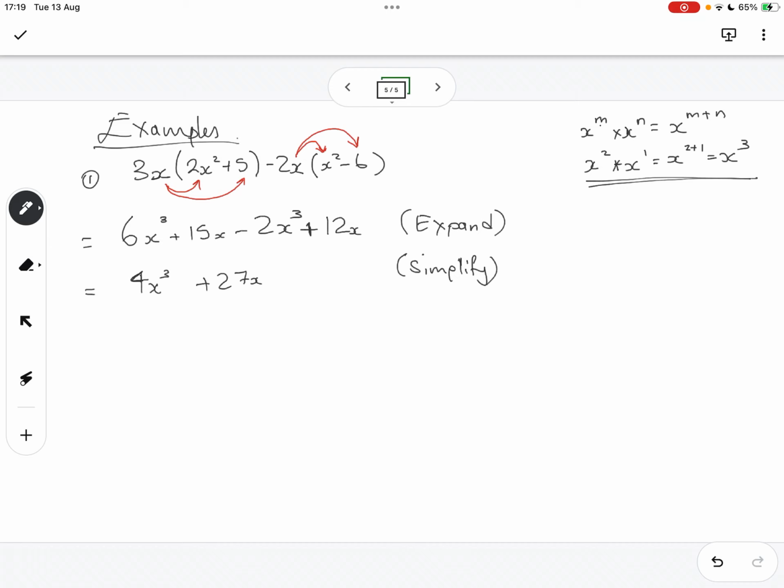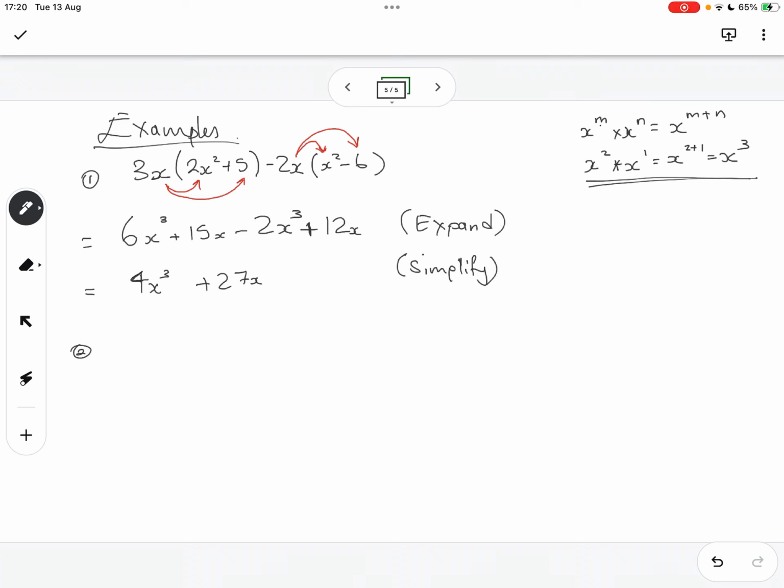I know you said you wanted to follow these methods, but when you practice, I will encourage you to write out all of these and ask yourself, how did they get the 6x cubed? And also think about where that comes from. This comes from those exponential laws we did a couple of weeks ago.